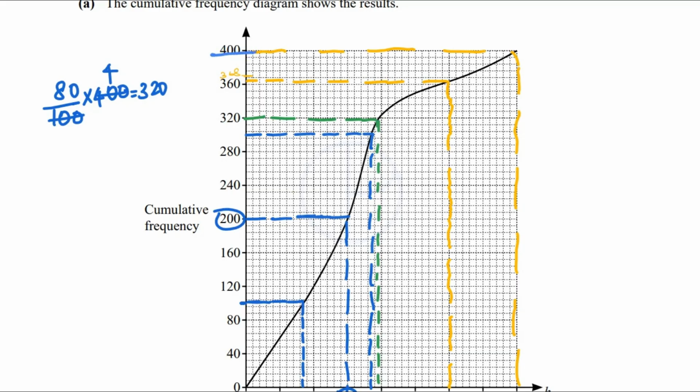This is 400 and this is 364. So the difference is 400 minus 364, which is 36.